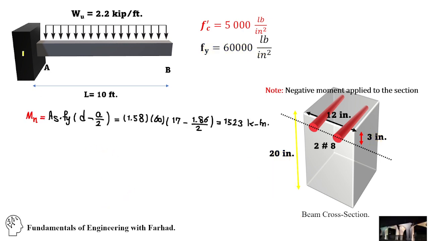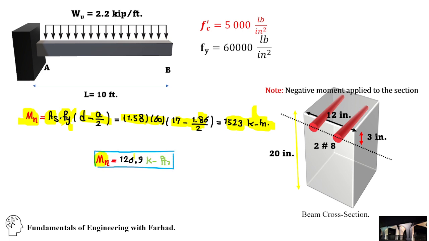Then for calculation of the nominal moment, As fy times the arm, force times arm gives us the moment: area of steel times grade 60 times d minus a over 2, that gives us 1523, almost 1500 kilopound inches.